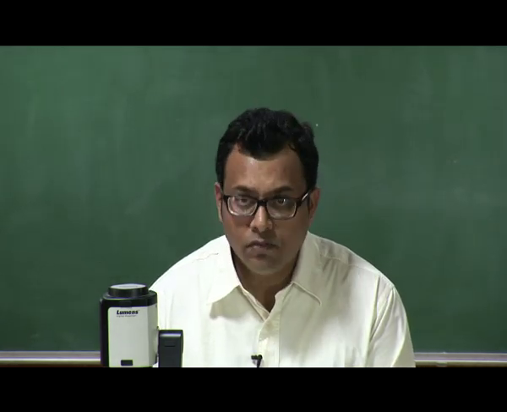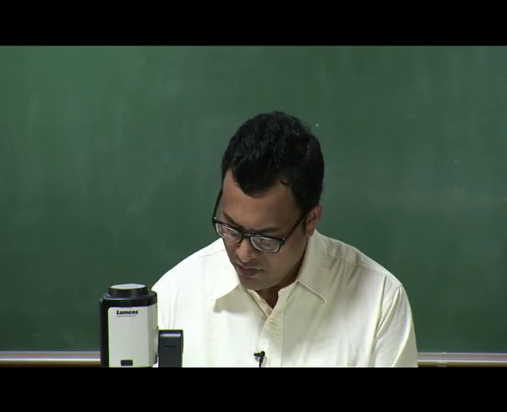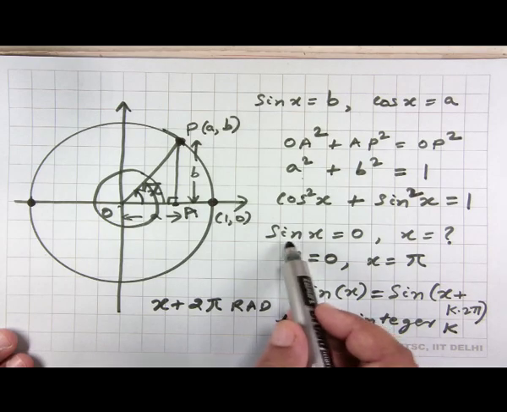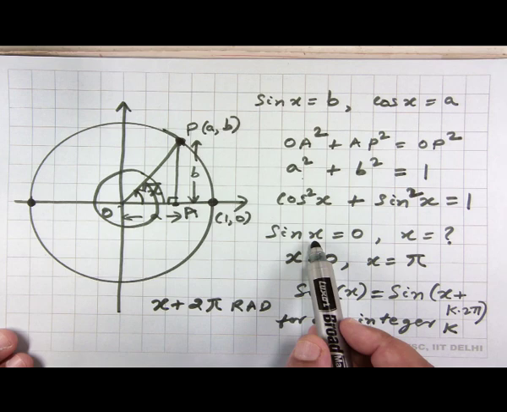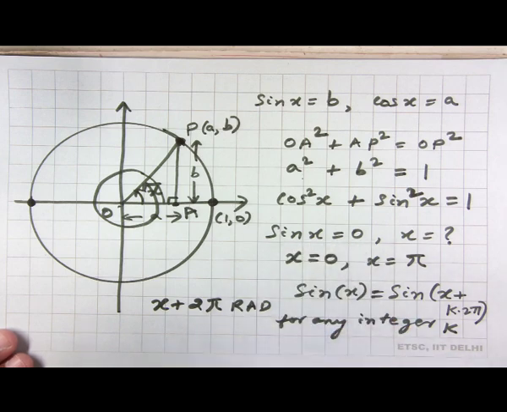And therefore, now going back to this problem where we started from, which was to find out those values of x for which sin x is equal to 0.